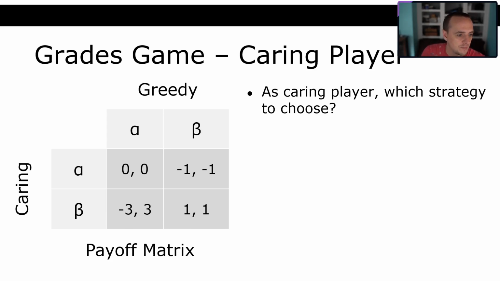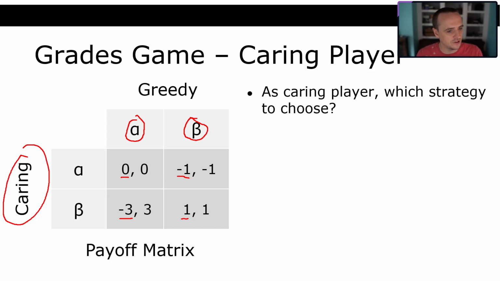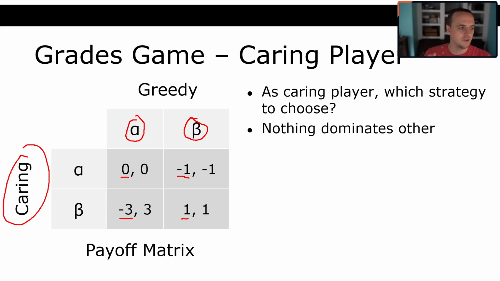Over here, if I'm the caring player, if the greedy player chooses alpha, then alpha gives me 0, beta gives me -3. So alpha is better if they choose alpha. If I am looking at beta for the greedy player, then if I choose alpha, that's actually worse than choosing beta. So alpha's better if they choose alpha, beta's better if they choose beta. Nothing dominates the other, right? So it doesn't tell me what to do.